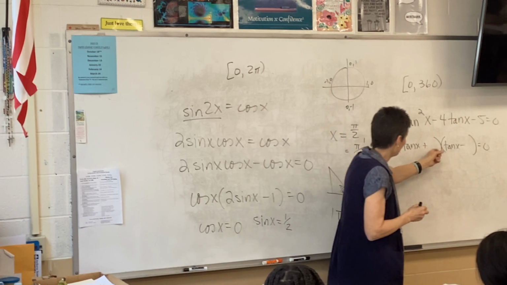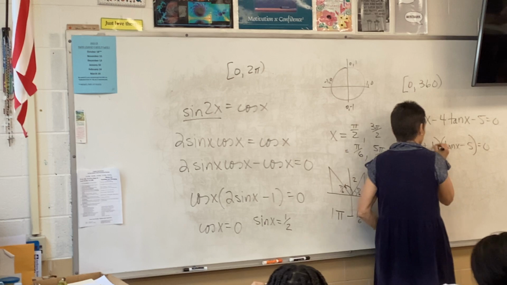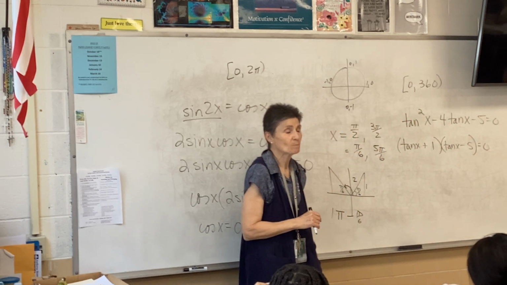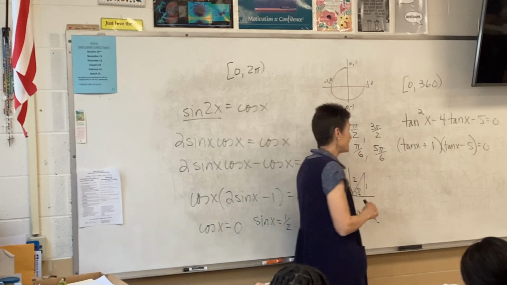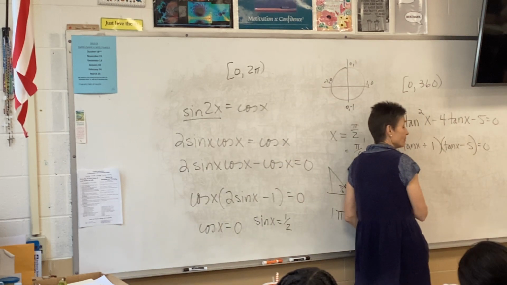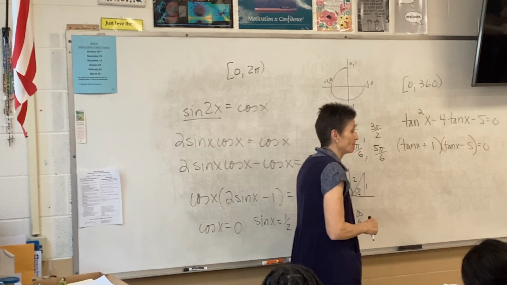What numbers am I going to put there? -5, +1. I'm thinking the same way I did in freshman algebra. I need the outsides and the insides to add up to -4. -5, +1. Yep, there it is.